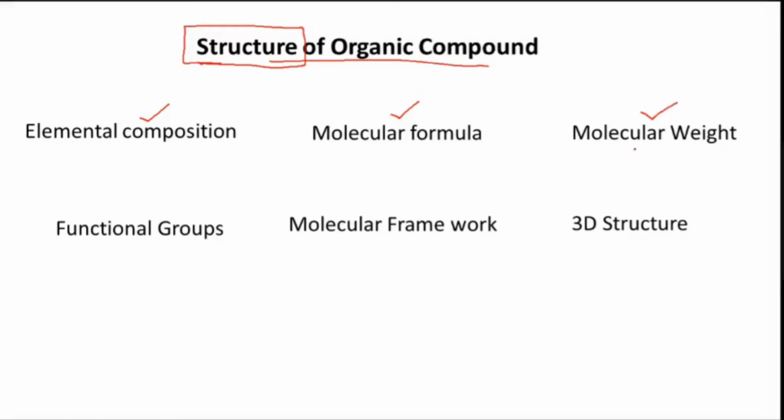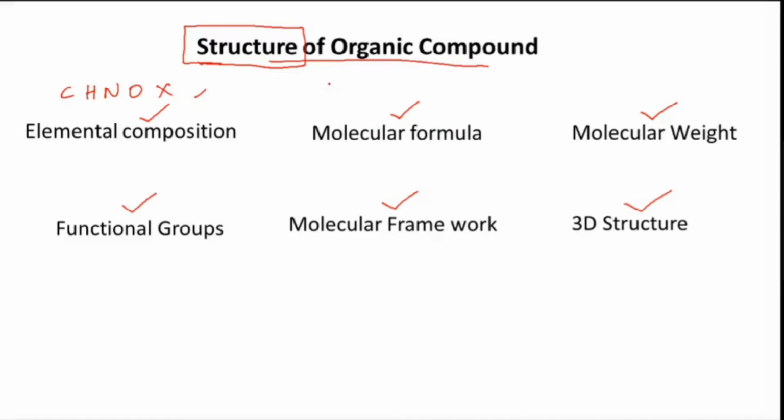These three come under one segment. Then comes the type of functional groups in the organic compound, the molecular framework, and the three-dimensional structure. In the elemental composition, we will come to know whether carbon is there or not, H, N, O, and halogens are there or not. This is what we will determine.